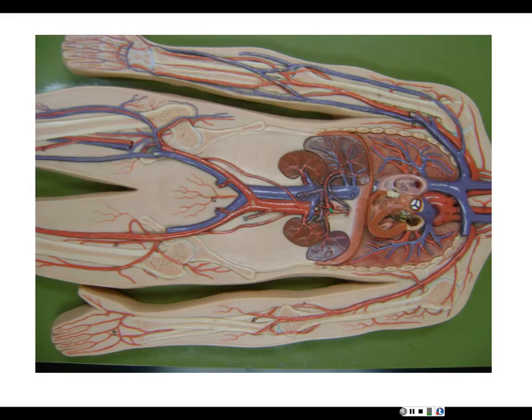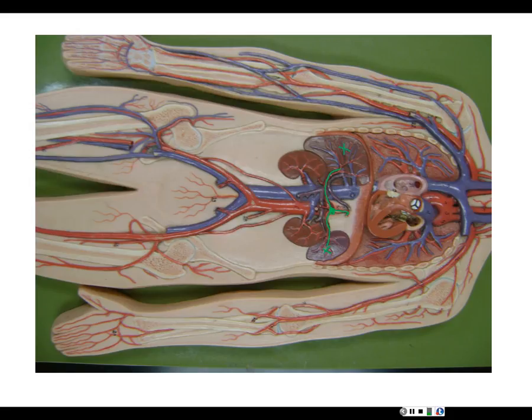The first branch on your model that moves superiorly in an S shape is called the gastric artery. The second branch that moves to the right side of your model over to the liver is called the hepatic artery. The third branch that's going to move to the left on your model over to the spleen is called the splenic artery. The celiac artery exists where those three branches meet.